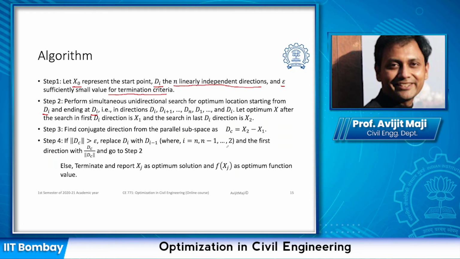If you look into the algorithm, we are exactly doing that. We start with direction di and we again end with di. So the direction goes from di plus 1 to dn, then it will start with d1 and again reach di. At this point, let x be the optimum point in the first directional search along di, indicated by x1.